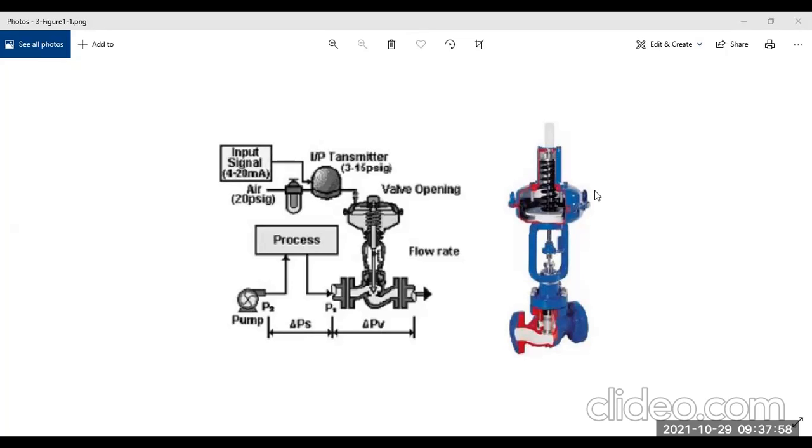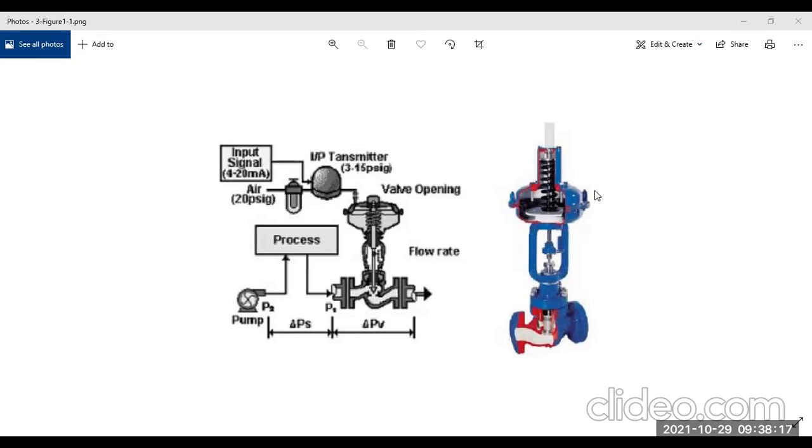So what is a pneumatic controller? It is a mechanical device designed to measure temperature or pressure and transmit a corrective air signal to the final control element.